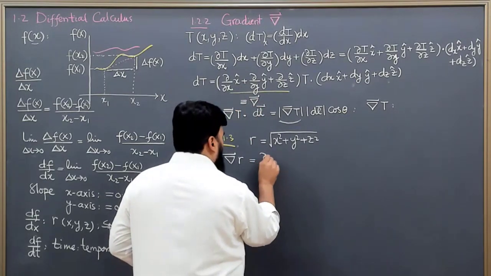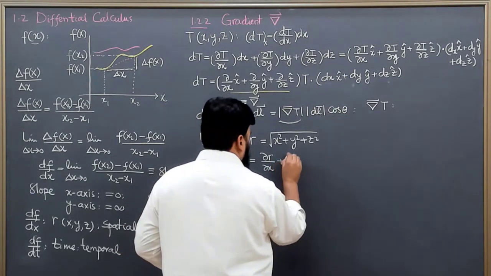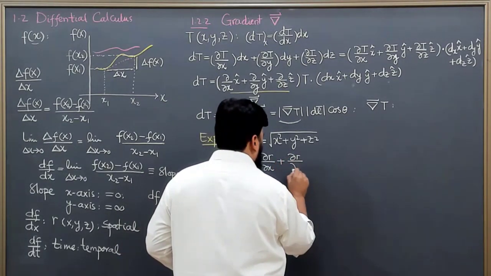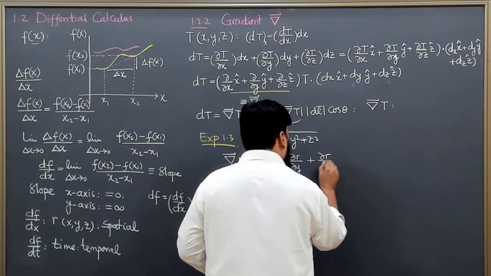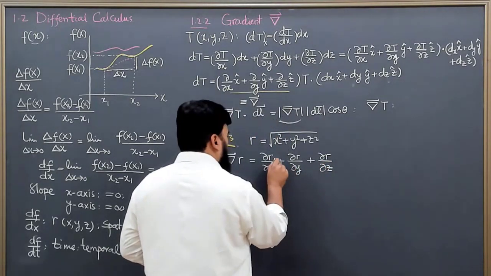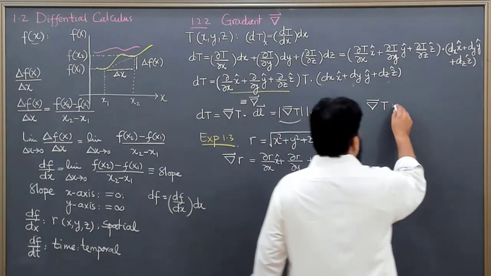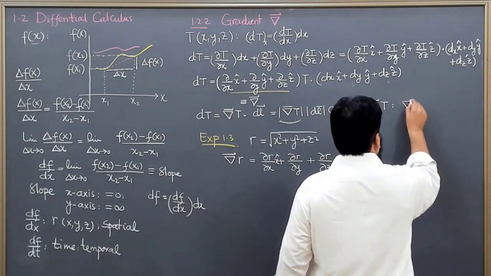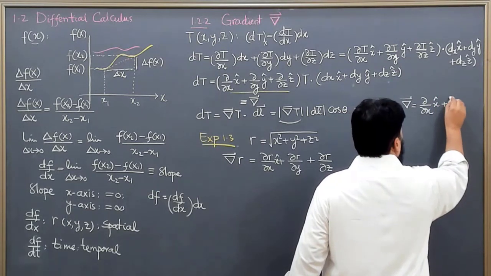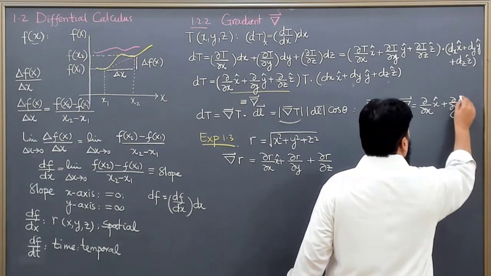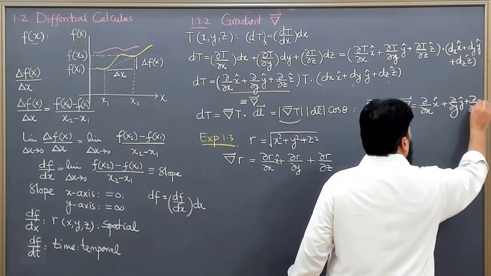So it will be ∂r/∂x plus ∂r/∂y and ∂r/∂z, and write the unit vectors, because our gradient is equal to ∂/∂x in the x direction plus ∂/∂y in the y direction, and plus ∂/∂z in the z direction.